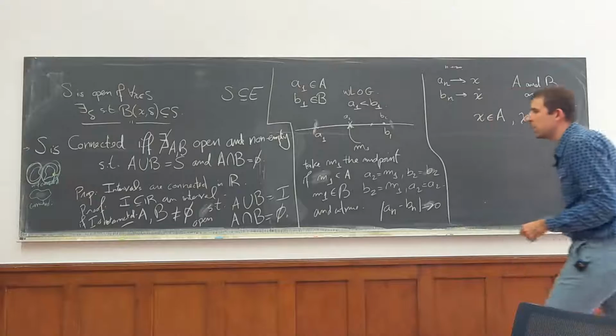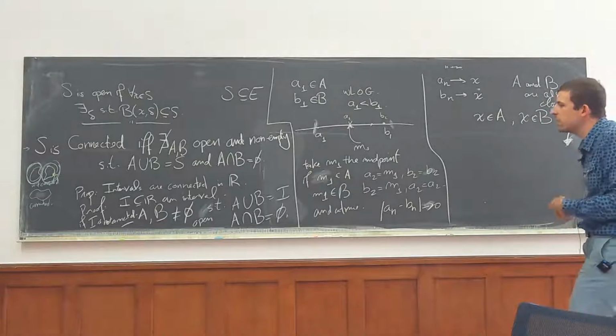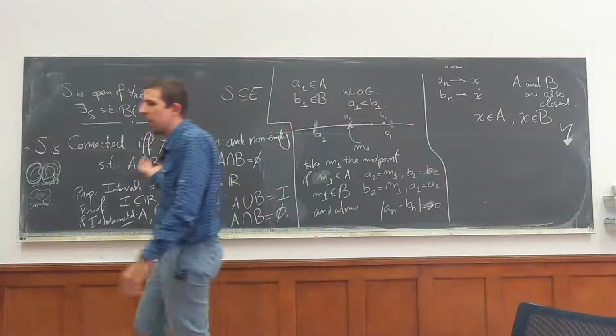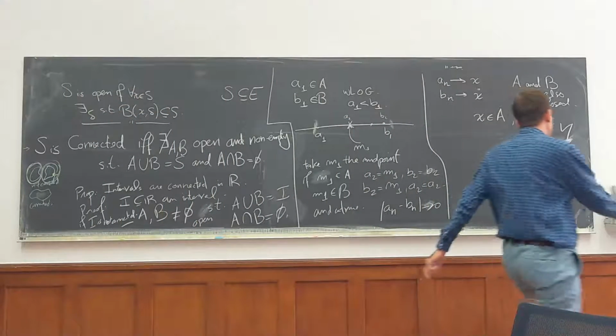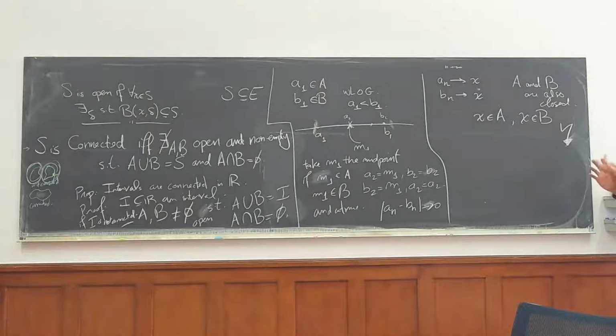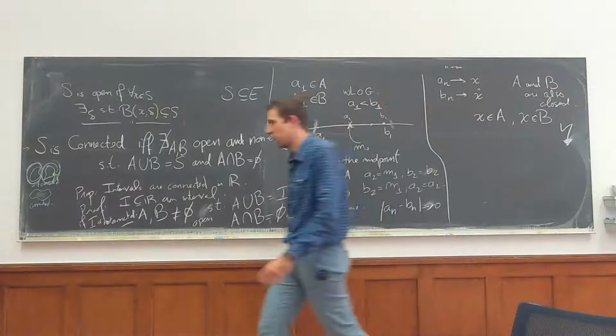Okay, so in R, intervals are connected. And it's also not hard to see that if something is connected, then it needs to be an interval, but I'm not going to do this because we don't have time to do everything in point set topology. I'm instead going to prove something more interesting about complex numbers.